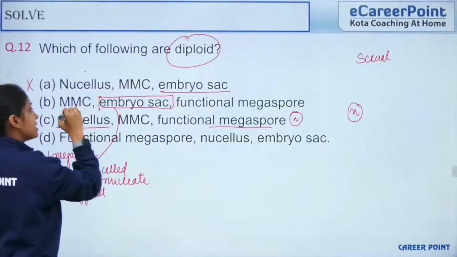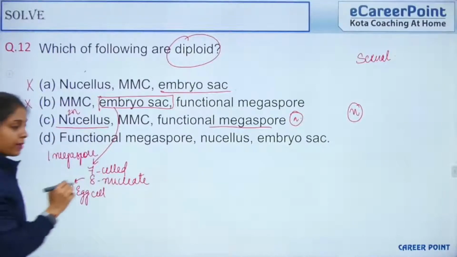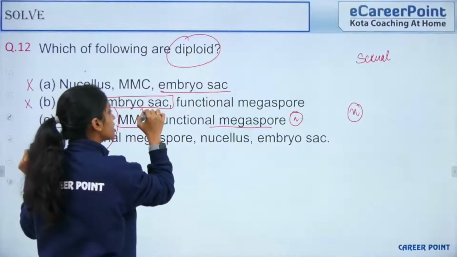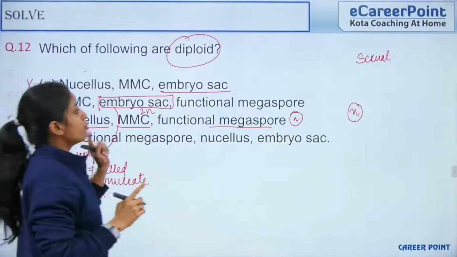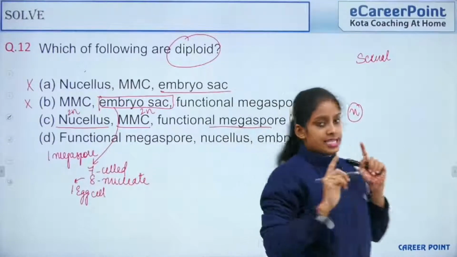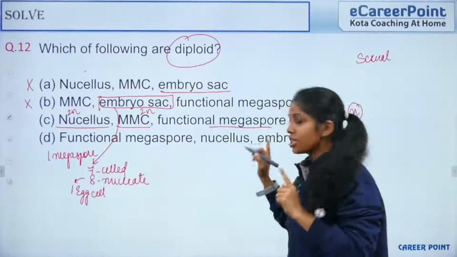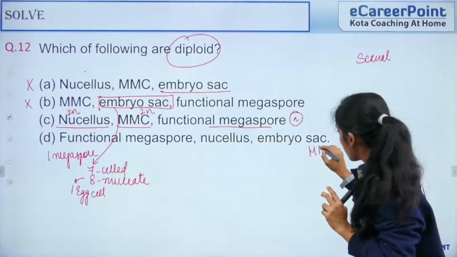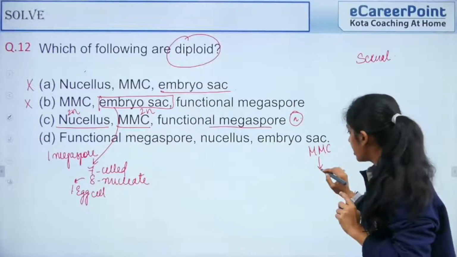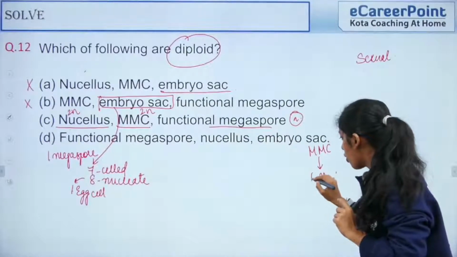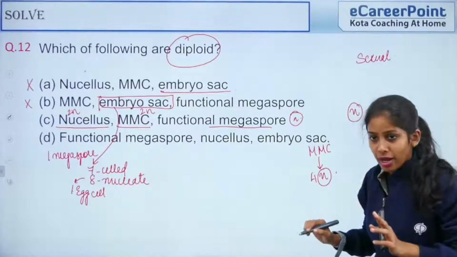But nucellus, yes, nucellus is diploid. Then MMC, that is megaspore mother cell, is diploid. Functional megaspore, see, there can be two ways here. The megaspore mother cell undergoes meiotic division to form 4 haploid megaspores, right?